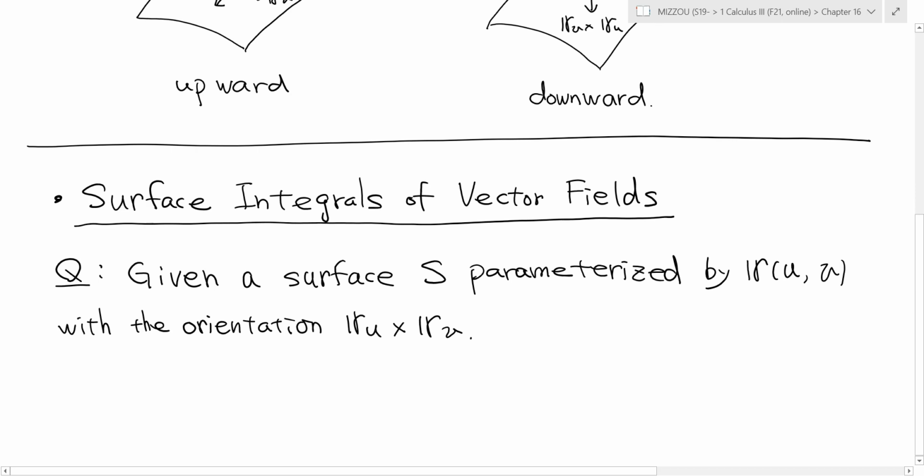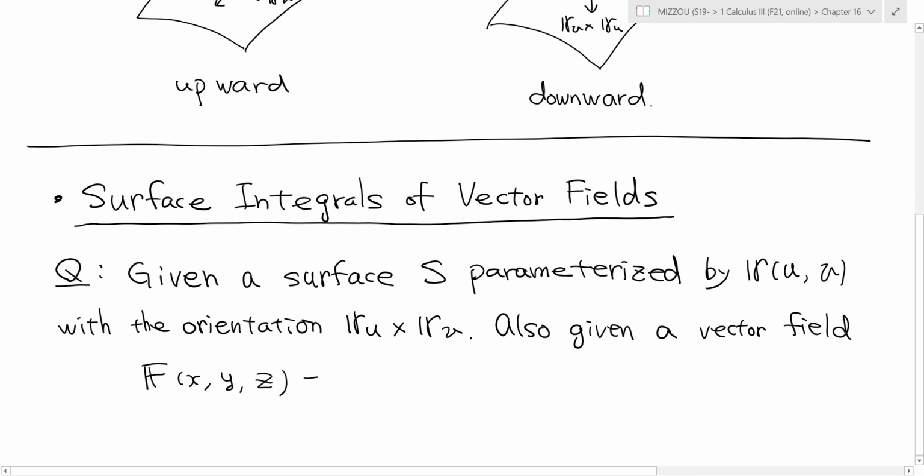And assume we are also given a vector field F of x, y, z, a vector field in R3, whose x component is P, y component is Q, and z component is R. So P, Q, R are functions of x, y, z. Then, pictorially, here is a picture.